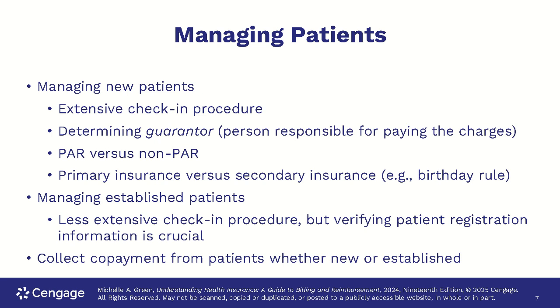So when we have a new patient, and something I want to call out, the book makes a distinction between new and established patients, because with an established patient, we just have to verify that everything is the same. We need to re-verify that everything is the same, because let's just face it, things change. People get different phone numbers, they get different jobs, so they have different insurances.